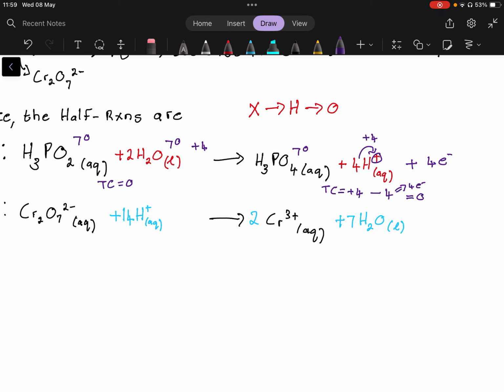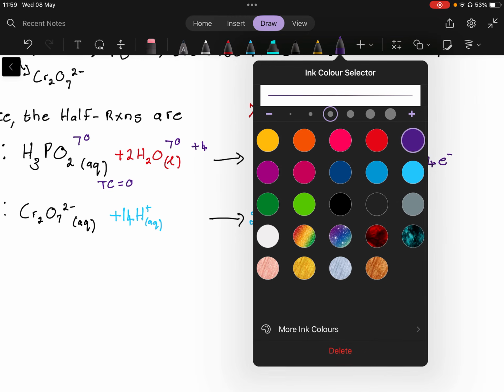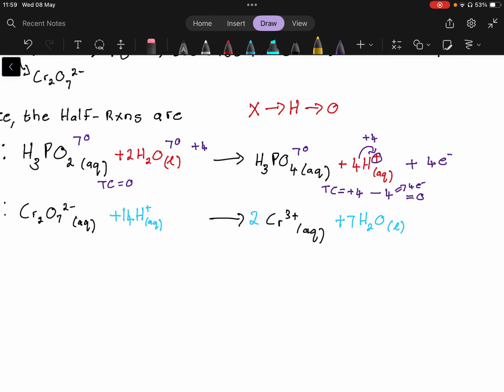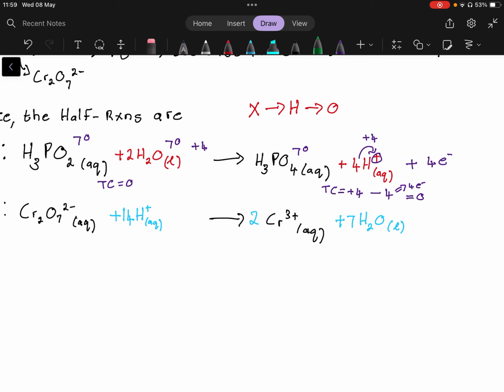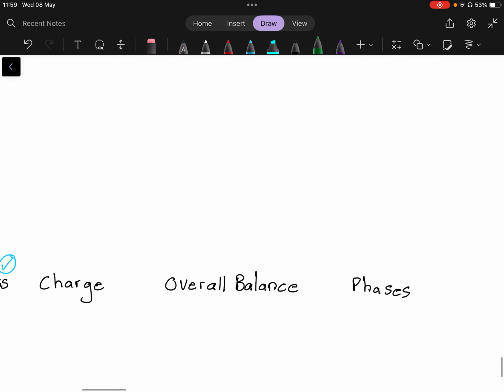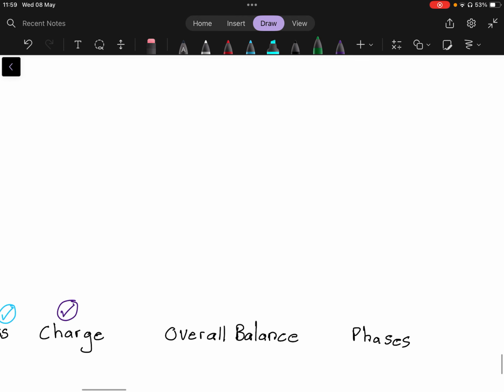So then we get a total charge of 0. So now we have total charge of 0 on both sides. Let's change that color to a green. Okay. So now our oxidative half reaction is balanced according to charge.